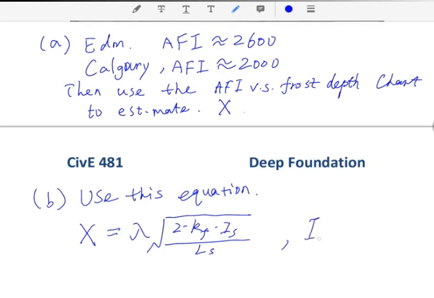Is is equal to n times the AFI you obtained from part A.